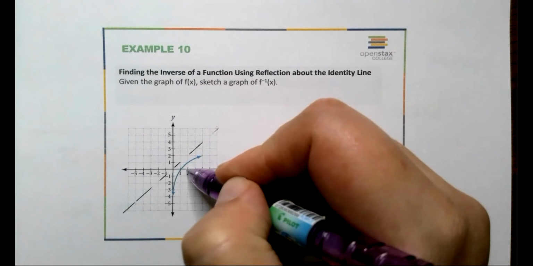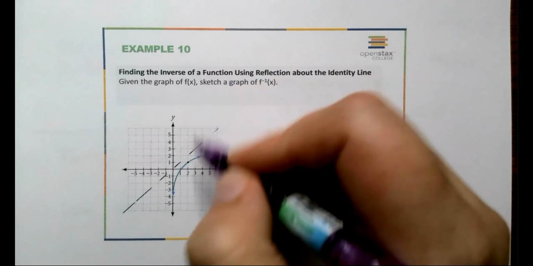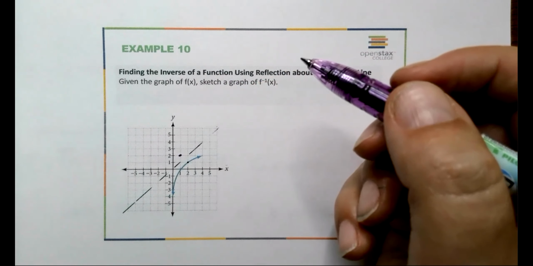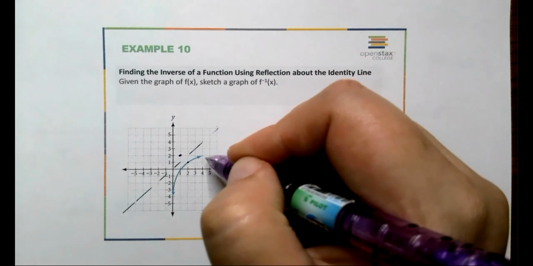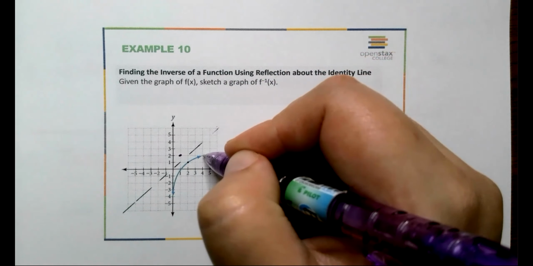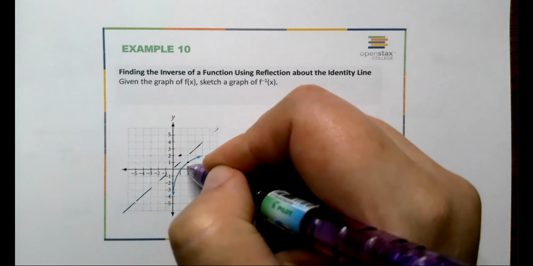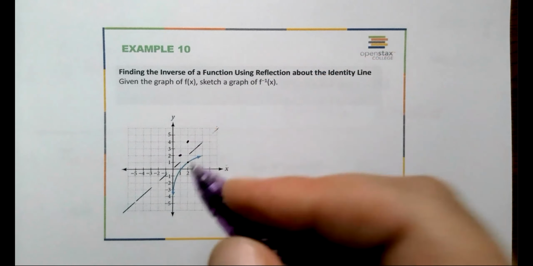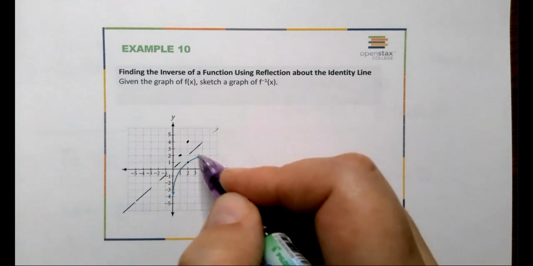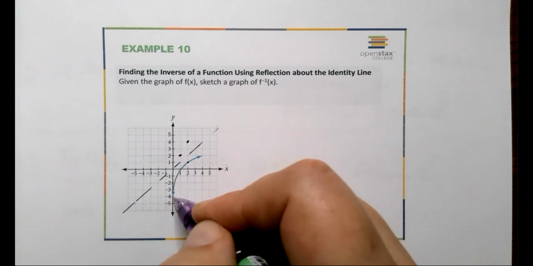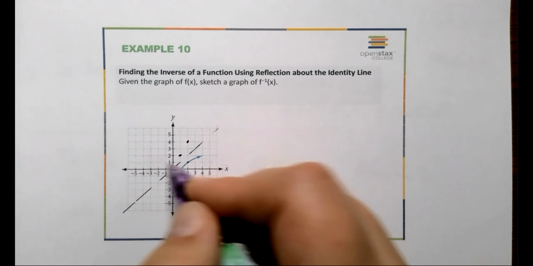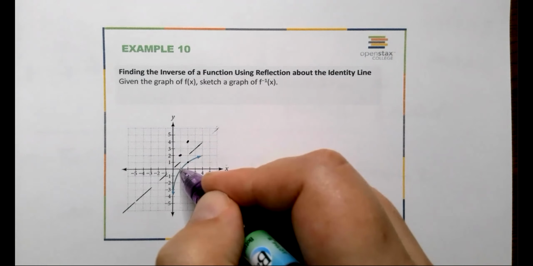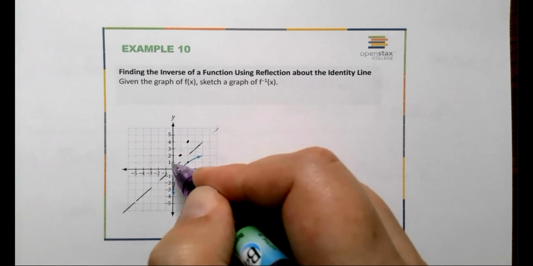Like for example, here I have a point 2, 1. So I'm gonna graph 1, 2. That's a reflection on the other side. And then what else? So this point 4, 2 becomes 2, 4, like this. And this tail of the function is gonna go there. And also the intercept 1, 0 becomes 0, 1.